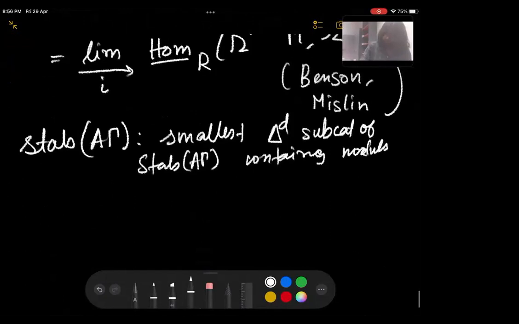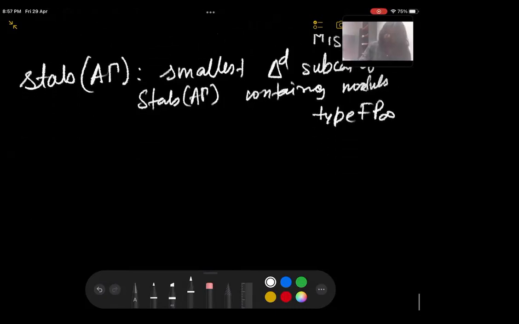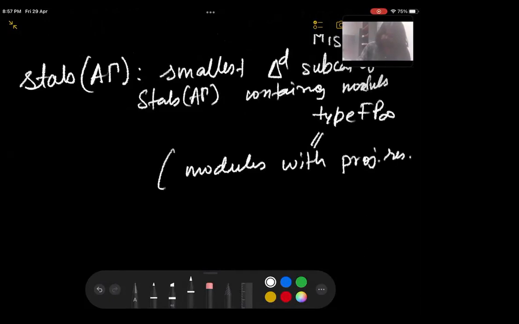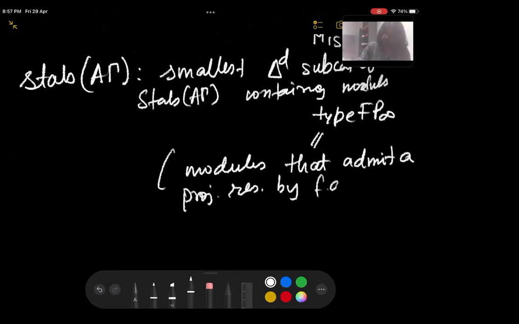So type F infinity in the module category means modules that admit a projective resolution by finitely generated projectives.